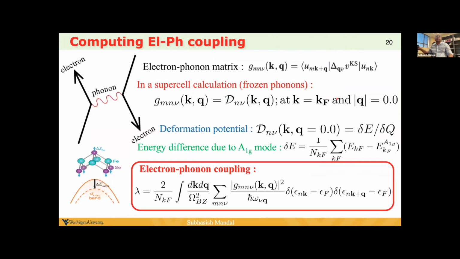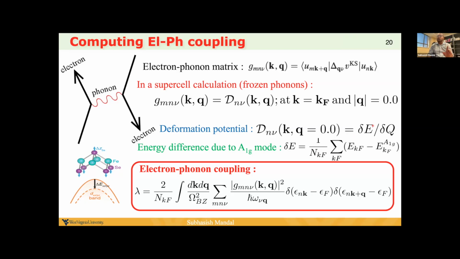Now, as I promised, I'm going to show how to compute the electron-phonon coupling. Traditionally, this electron-phonon matrix element is calculated routinely in DFT. Using the frozen phonon method with a supercell calculation, it boils down to the deformation potential, which can be obtained by taking the ratio of the change in energy as we move the ion.